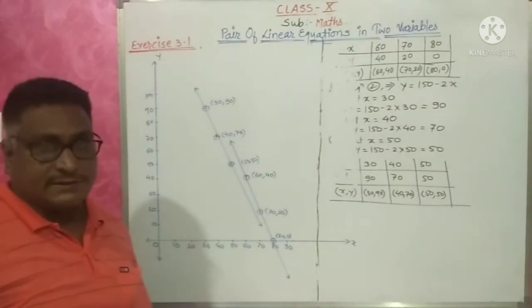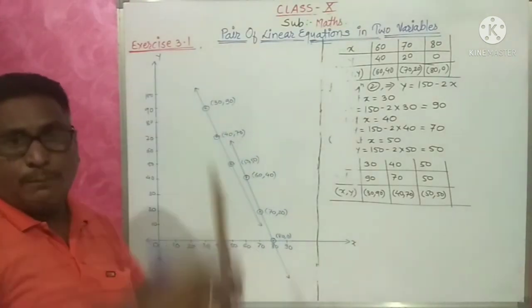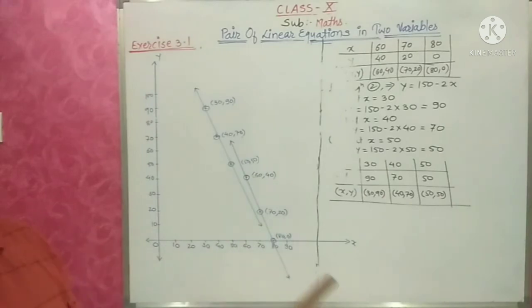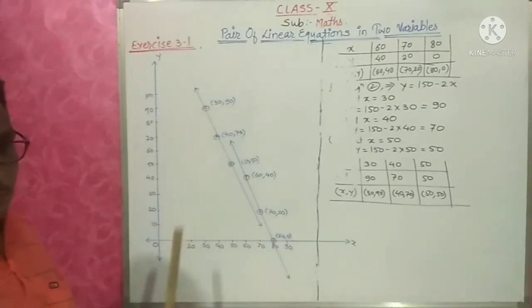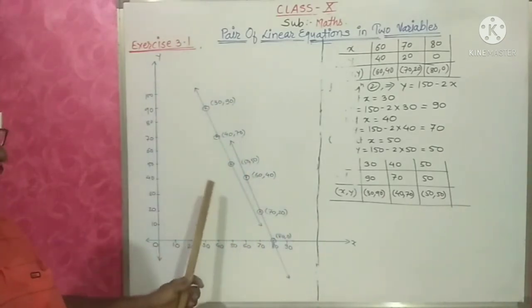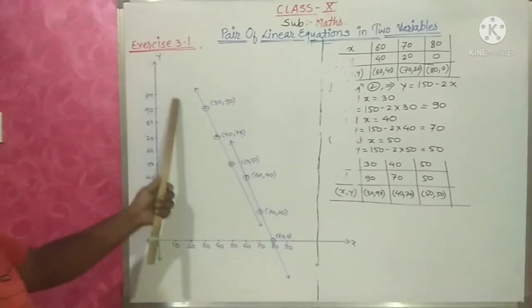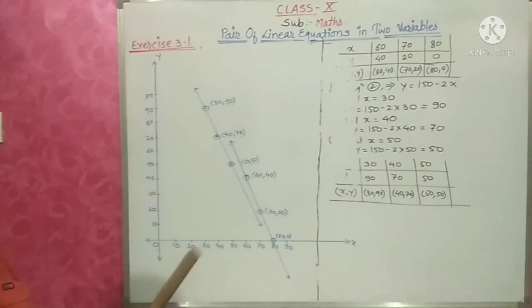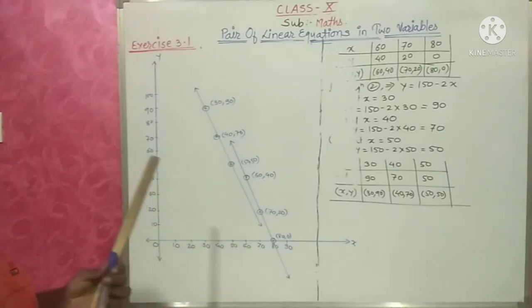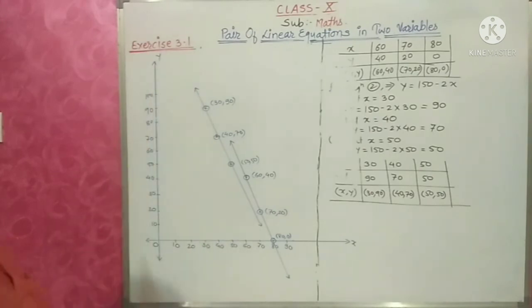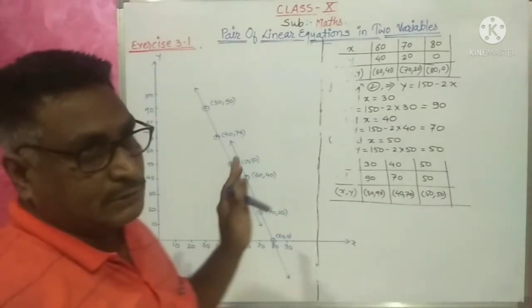Sometimes they will intersect, or sometimes it will go parallel, or sometimes it will coincide. Understood? So in this way we have to represent the given conditions algebraically and graphically. So hope you understand, students, this. So here your exercise 3.1, it is completed. All examples I solved and showed.